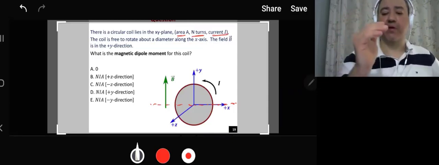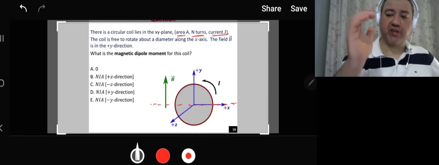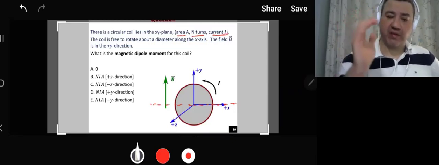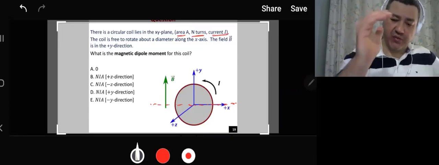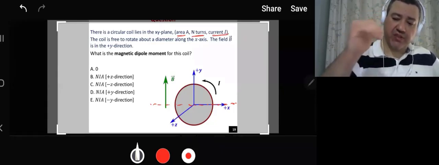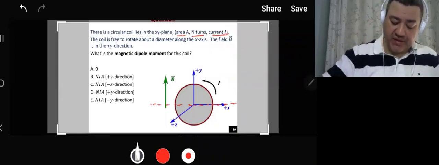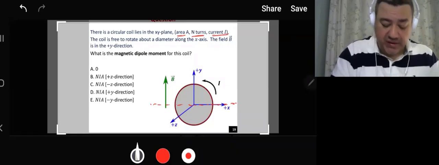If you look at the video, the camera is capturing exactly how I see it on the screen, rotating in this direction. Then the thumb is pointing out of the screen. In this case, the magnetic dipole moment will be going in the direction of the positive z.